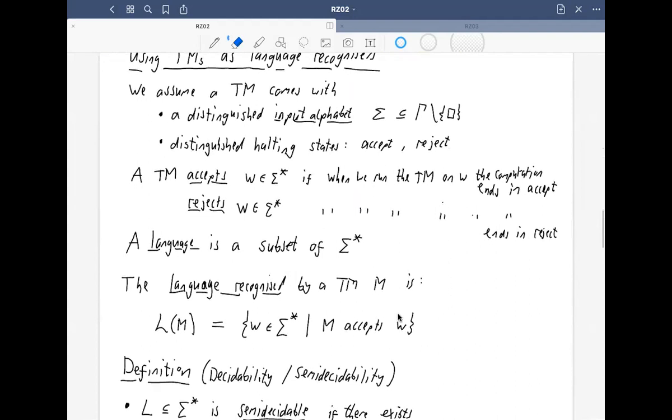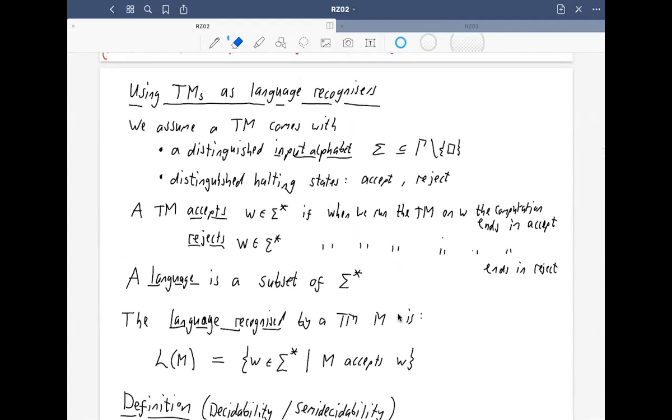And importantly, we had this notion of a Turing machine as a language recognizer. So the input to a Turing machine before we run it is a word over an alphabet, that's a sequence of symbols from the alphabet. And the Turing machine is a language recognizer. We're mainly going to use Turing machines in this way.